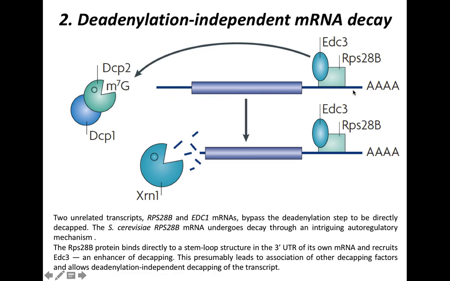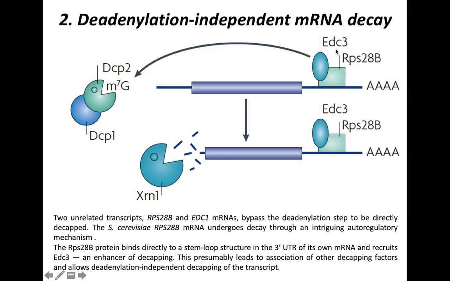And this works in a self-regulatory mechanism, where RPS28B has a binding site in its 3' UTR, where the product of this mRNA molecule itself can bind. And this can recruit another molecule, what we call EDC3.